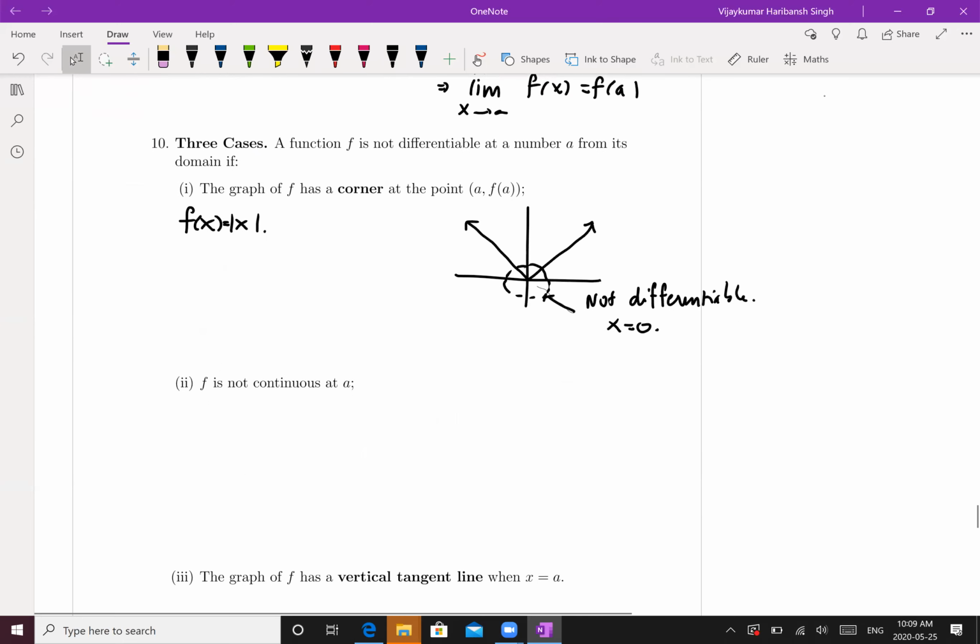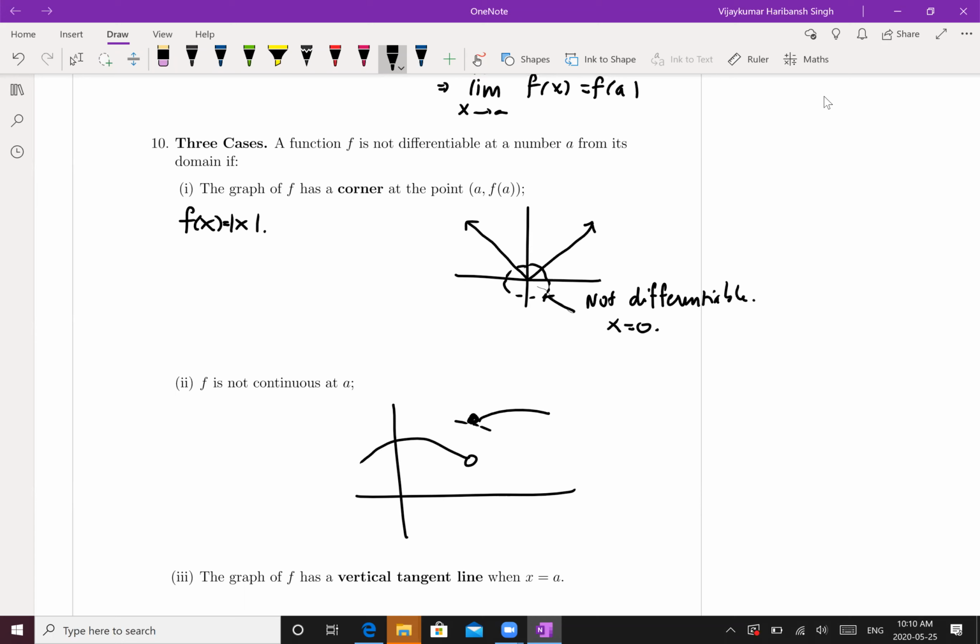Now the second is if the function is not continuous at that point, right? So for example, you have a function like that, I mean, how would you draw a tangent line? It doesn't make sense. If you come from here or here.